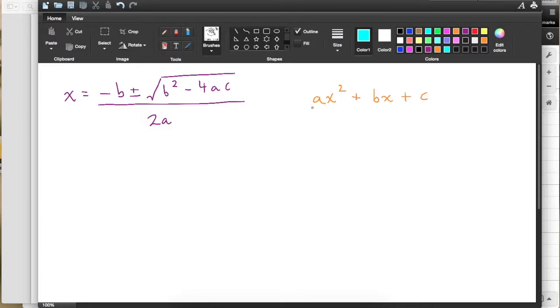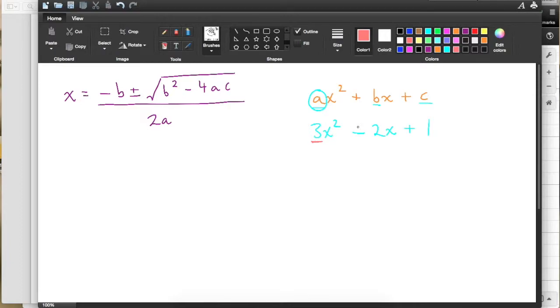Now the important thing to remember here is that when you're thinking about the coefficients a, b, and c, a refers just to the number that appears before x squared, not the entire term ax squared. So for example, if you're looking at an equation like 3x squared minus 2x plus 1, and I asked, what is a in this equation, you wouldn't say 3x squared, it would just be 3.